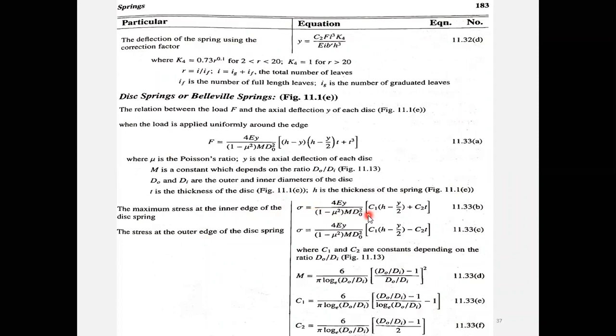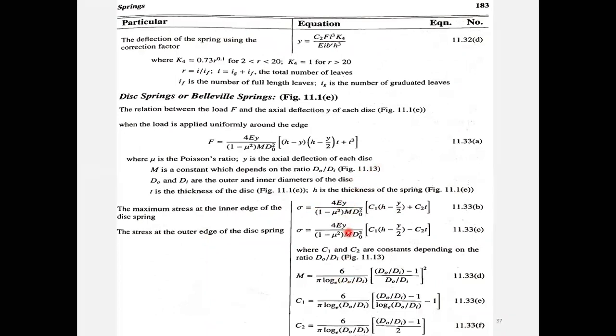While calculating the maximum stress, you will know the deflection. E will be given, mu is the Poisson's ratio, y is the axial deflection, and the m constant you can calculate either by using 11.33d or by using figure 11.13.